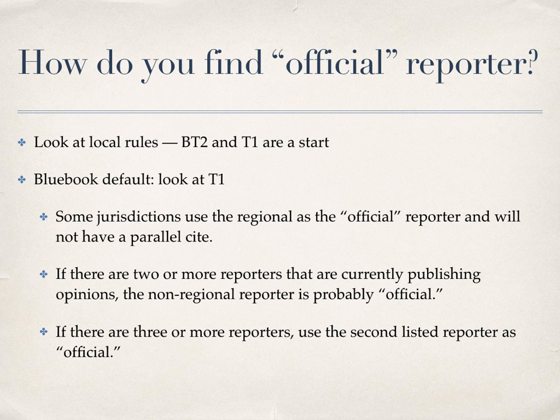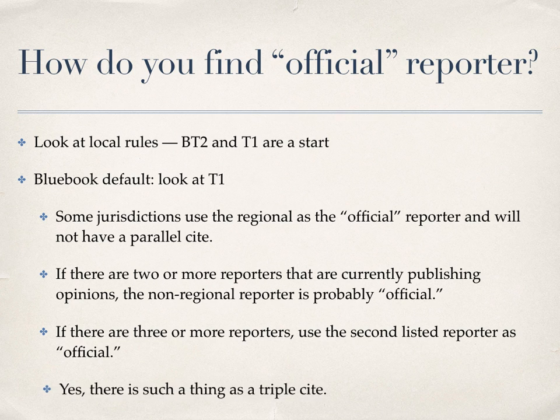You might also notice here in Illinois that there are three or more reporters listed. When that happens, it's usually the second reporter listed that's official. In Illinois, at one point, we had cases reported in the Northeastern, the Illinois Reports or Illinois Appellate Reports, and then Illinois Decisions. Both the Northeastern Reporter and the Illinois Decisions reporters were commercial reporters, not the official ones.